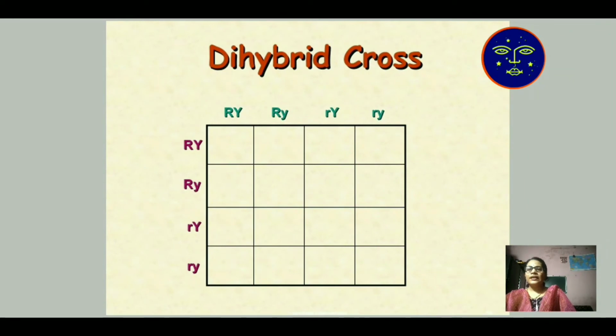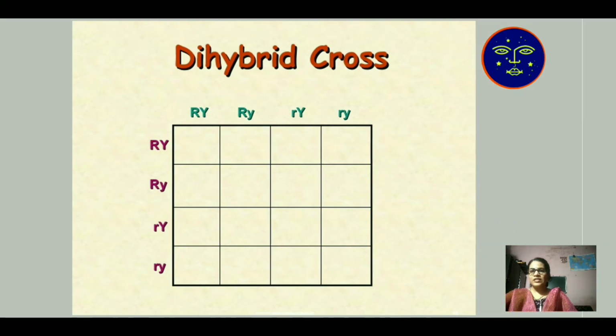This is the checkerboard of the dihybrid cross: capital R Y, capital R small y, small r capital Y, small r small y. Here is the horizontal row, and in the vertical column the same characters are taken: capital R capital Y, capital R small y, small r capital Y, small r small y.